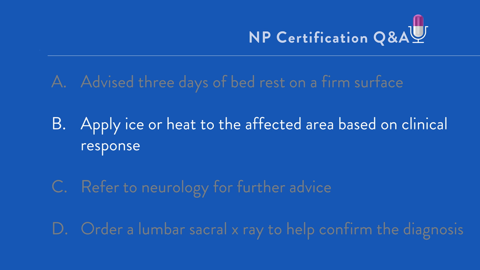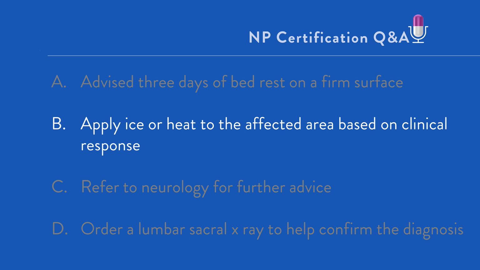Before you go to choose any answer that talks about referring a patient to a subspecialist or a specialist, what you always need to do is say to yourself, what will that specialist do that I'm unable to do as a primary care provider? There's no need to refer this person to neurology.